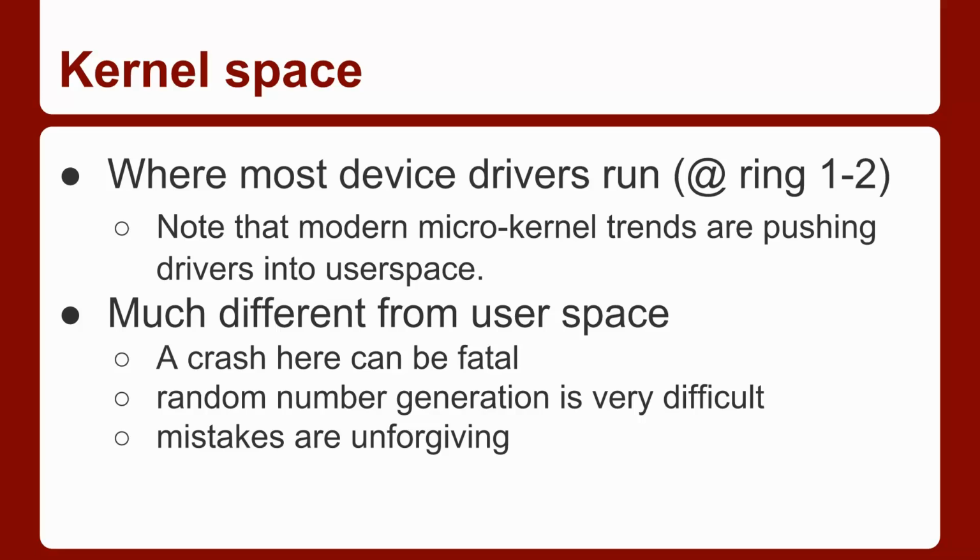There's usually much less you can do in kernel space. And for Linux, things that you would think you should have available, like the ability to generate random numbers and the ability to deal with floating point and decimal numbers, are actually much more difficult. And when programming at this level, mistakes are very unforgiving, and crashes here can be fatal and hang or bring down the whole system.